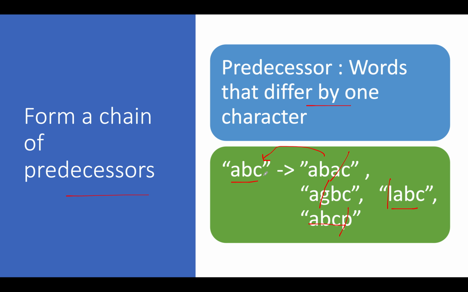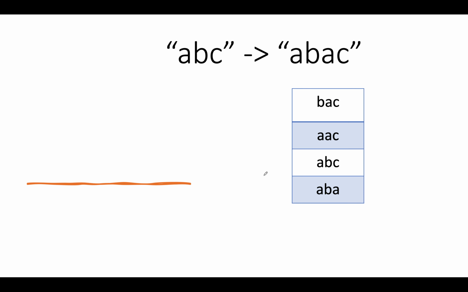I hope you understood the definition of predecessors, and given a set of words, we need to tell the length of the longest chain of predecessors. Let's hypothetically assume out of the given set of words, these are the two words under consideration at the moment, ABC and ABAC. We will generate all the predecessors of this string.